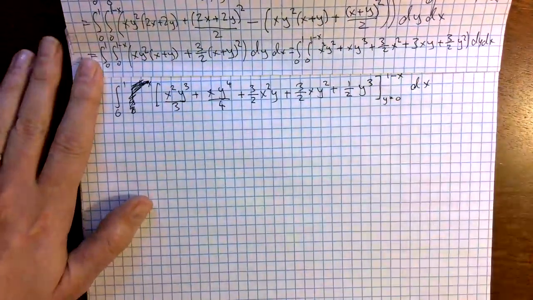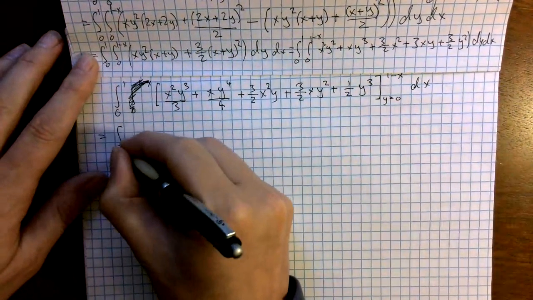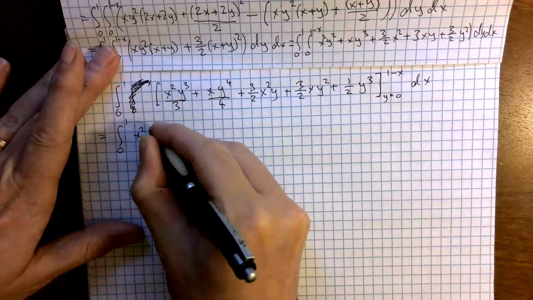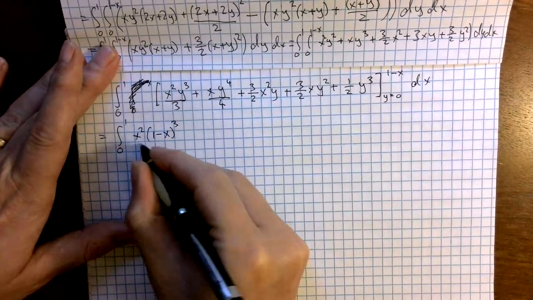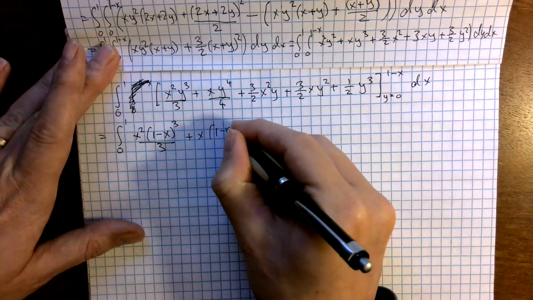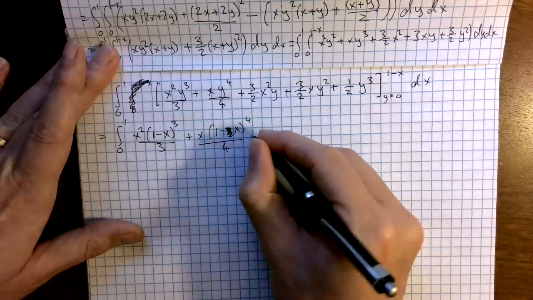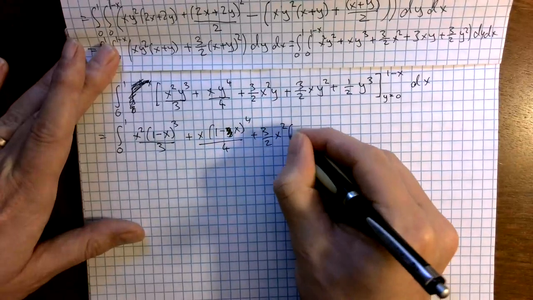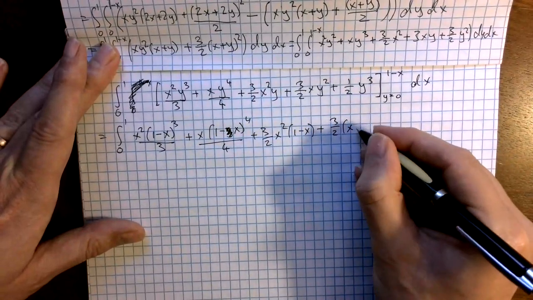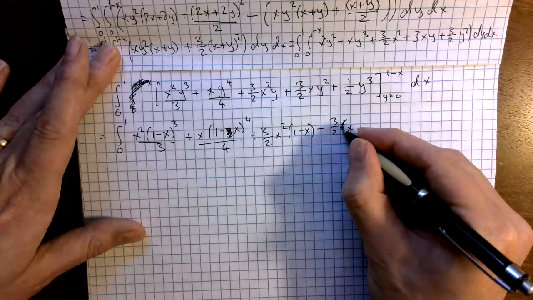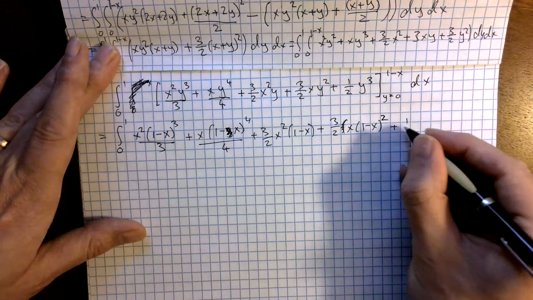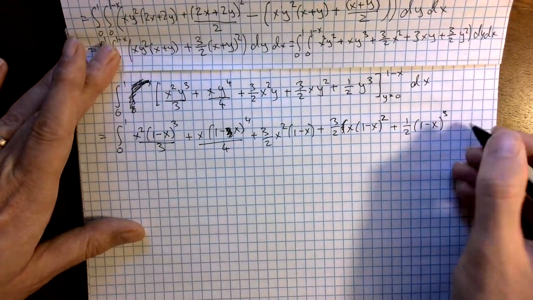Alright, and I plug in, and we get, well, basically we're just plugging in this thing, so we have x squared (1 minus x) cubed divided by 3 plus x (1 minus x) to the 4th divided by 4 plus 3 halves x squared (1 minus x) plus 3 halves x times (1 minus x) squared plus 1 half (1 minus x) cubed, dx.